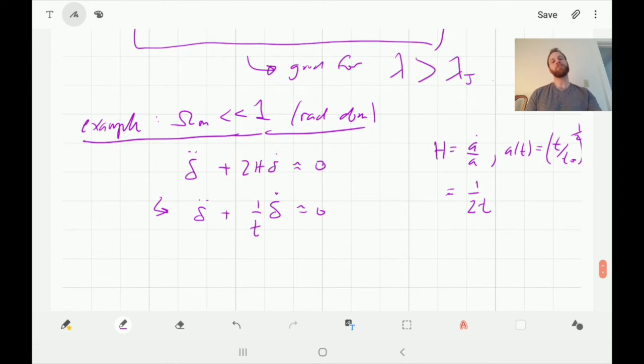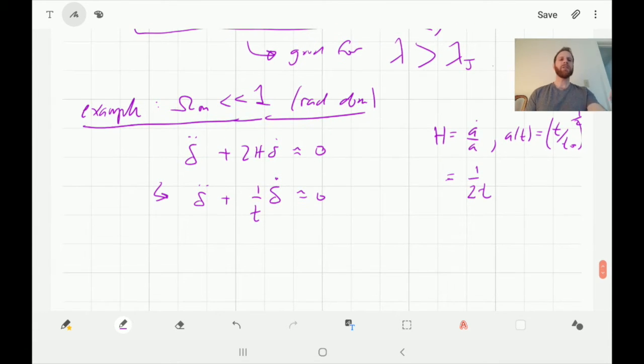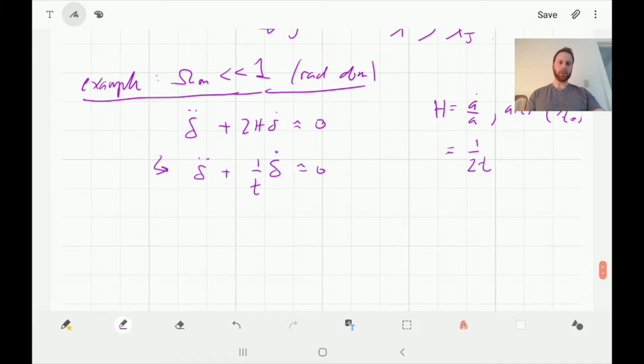Whenever I see an equation like this, where there's no zeroth-order derivative, just a double derivative and a single derivative, you might consider writing f as delta dot, so that f dot is delta double dot. Then this equation can be written as f dot plus 1 over t times f equals 0. And that may be a slightly less scary equation to try to solve.